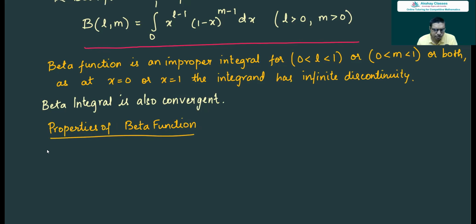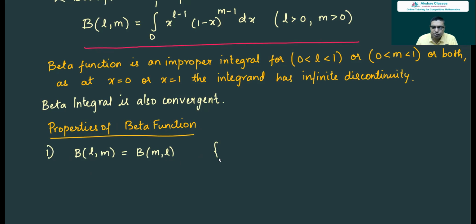There's a very simple property. We can check this. Beta of L comma M will be the same as beta of M comma L. That means they are symmetric with respect to their two variables.